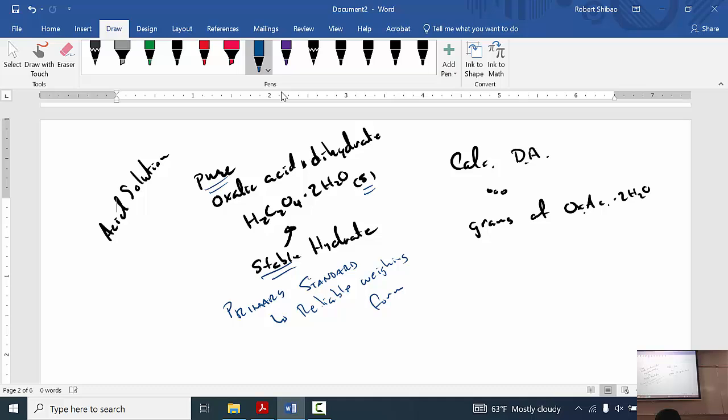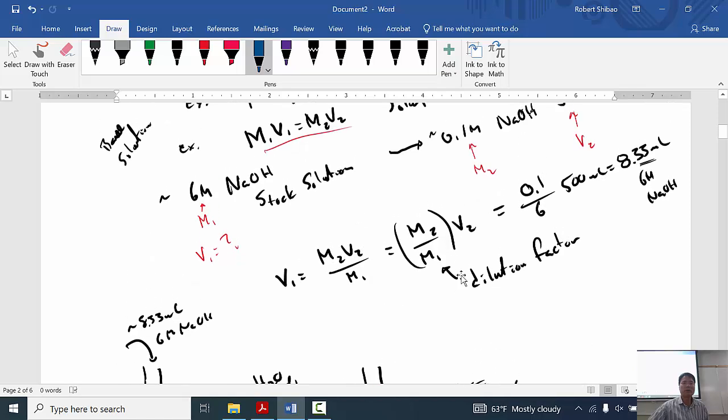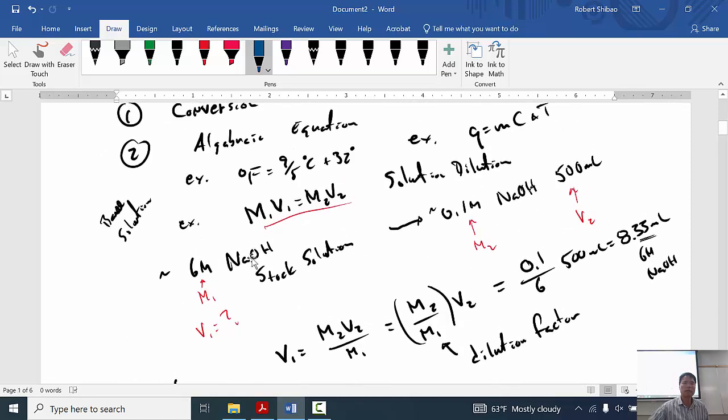And so we get 4 sig figs from volume. And so a primary standard has to have a reliable weighing form because we can take weights with good accuracy and good precision. This sodium hydroxide stock solution here is not a primary standard.